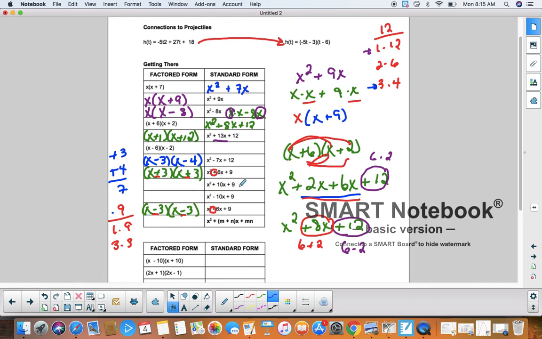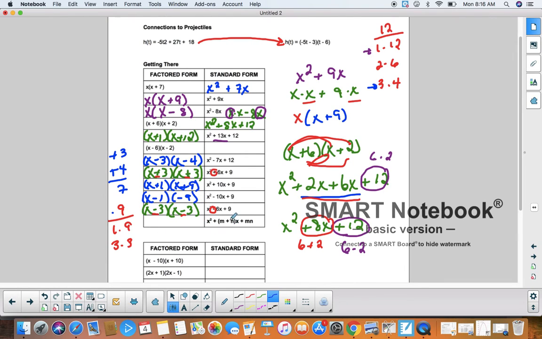Still using 9s, we want the 2 numbers that will add to 10. Yeah, 1 and 9 add to 10. So here I'm going to have x plus 1, x plus 9. 1 times 9 is 9, 1 plus 9 is 10. Now I need it to be a negative 10, so what do I change? Right, I change the pluses to minuses. X minus 1 and x minus 9.